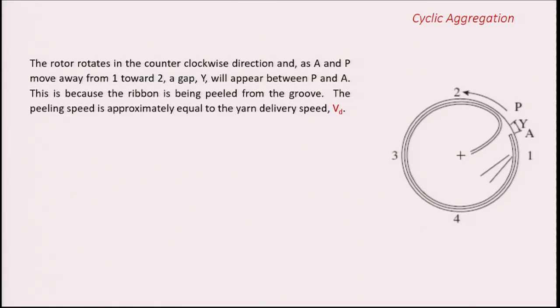This y is going to be equal to the delivery rate. How much yarn is pulled out, that much gap is going to be created, because the yarn is taken out. As per the equation we have seen already, N_P = N_r + V_d/(πd_r), this makes N_P greater than N_r.